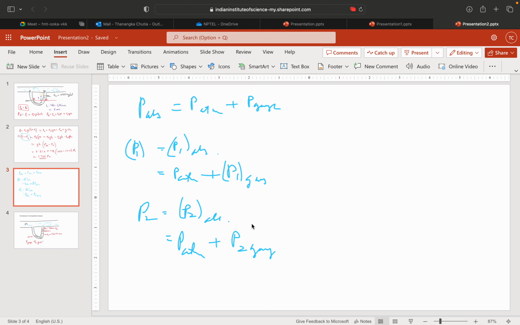Now if I do P1 minus P2, the P atmosphere terms are the same, so it will be P1 gauge minus P2 gauge. So in case of a difference, it doesn't matter whether it is between P absolute or P gauge, because ultimately it remains the same. You should keep this in mind.